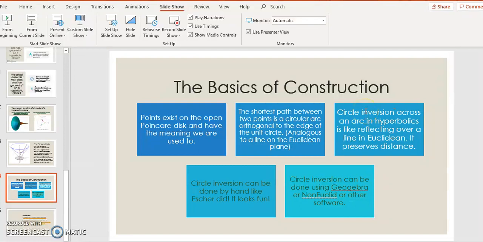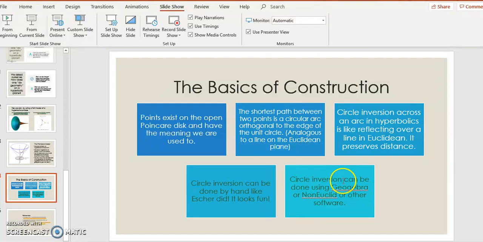Circle inversion across an arc in hyperbolics is like reflecting over a straight line in Euclidean space, and it preserves distance. Circle inversion can be done by hand, like Escher did with a straight edge and a compass. And that is a totally another subject altogether beyond the scope of this. It does look like a lot of fun to learn. And maybe some of us would be interested in figuring that out in the future.